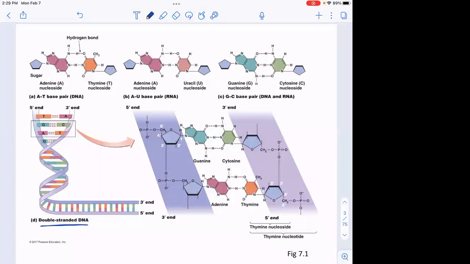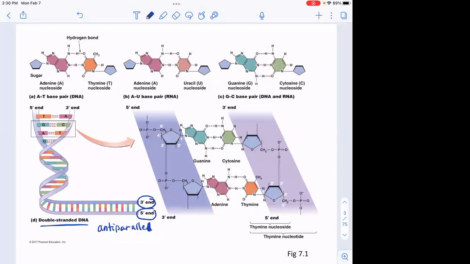They just synthesized all the other information that was known at the time for that very famous paper. It's anti-parallel. So that means the 3' end on one strand matches up with the 5' end on the other. We call that anti-parallel.